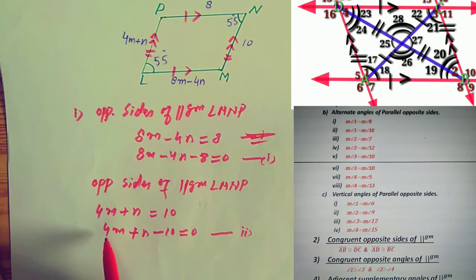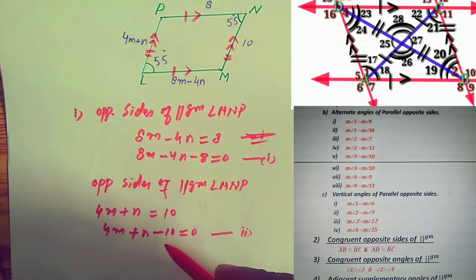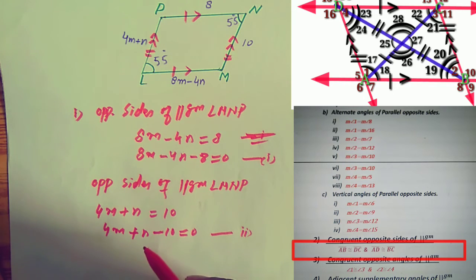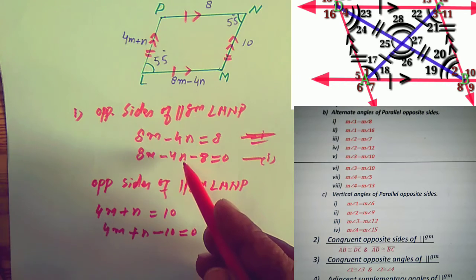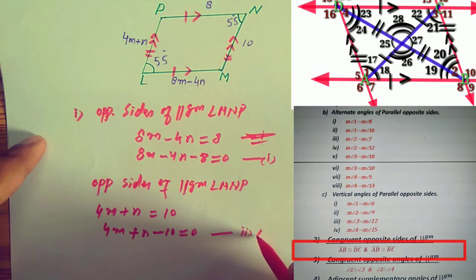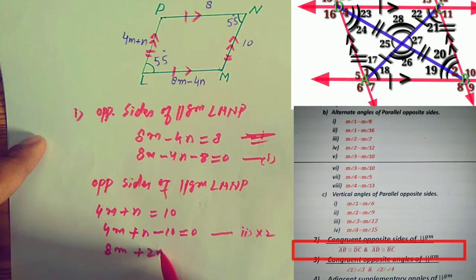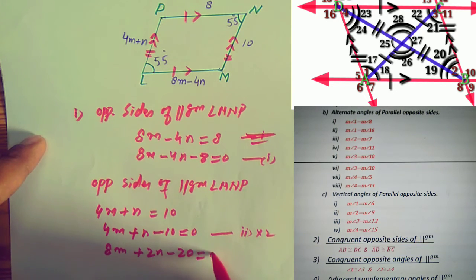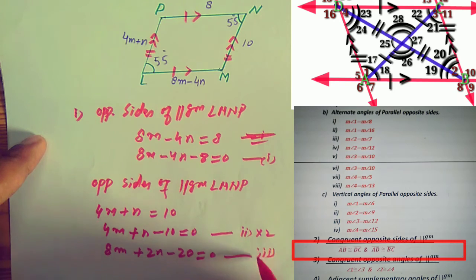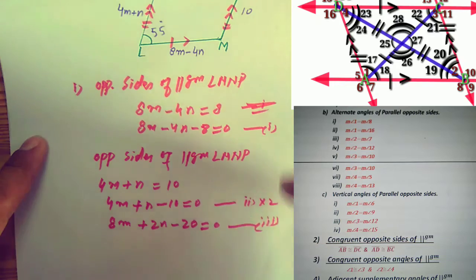If we make its coefficient 8 and subtract equation 1 and this new equation, then we can find the value of n. So multiplying this equation by 2, it will become 8m plus 2n minus 20 is equal to 0, which is equation 3.